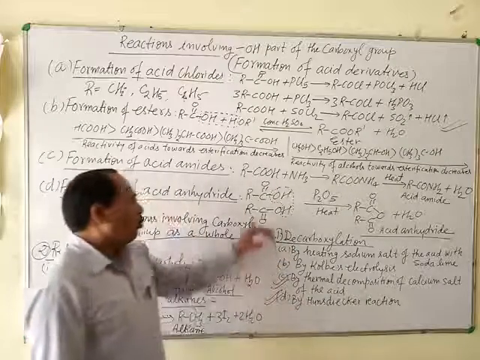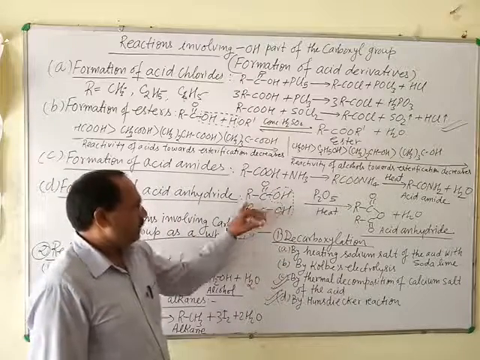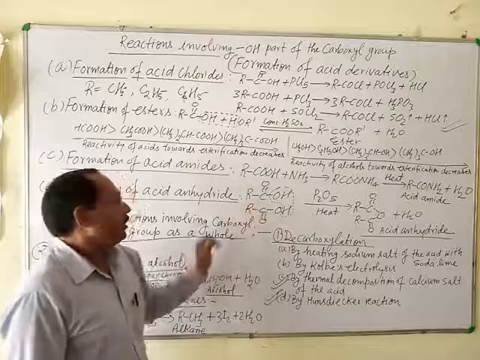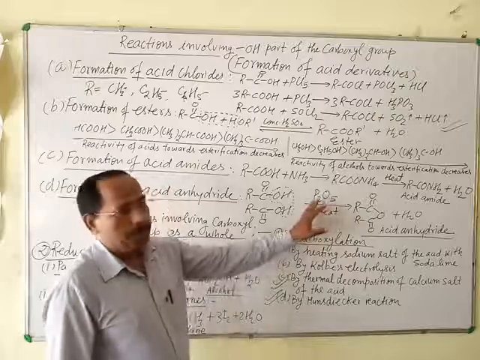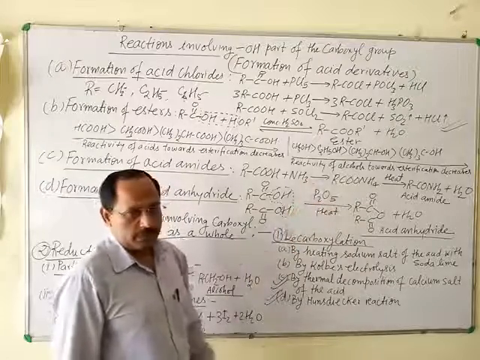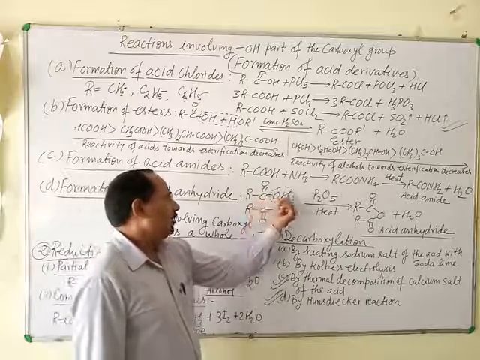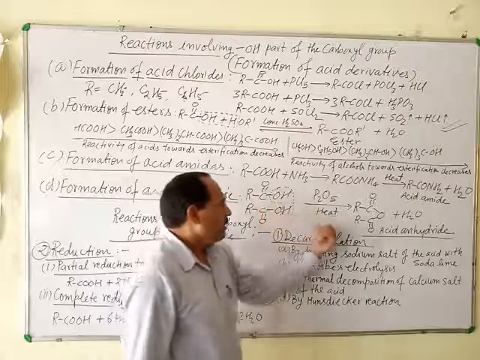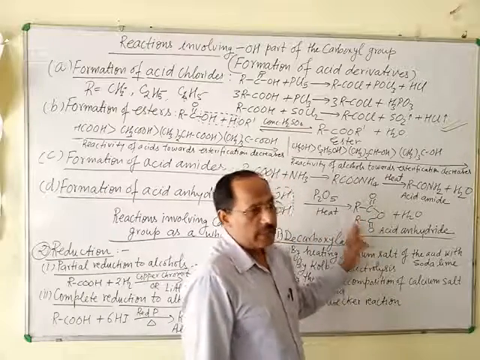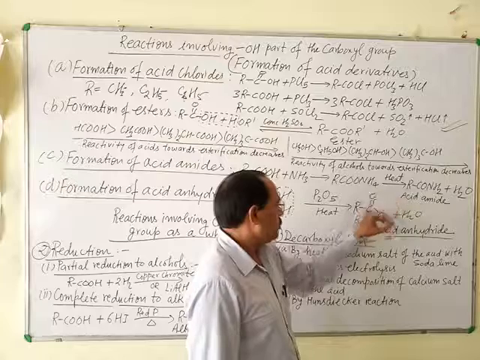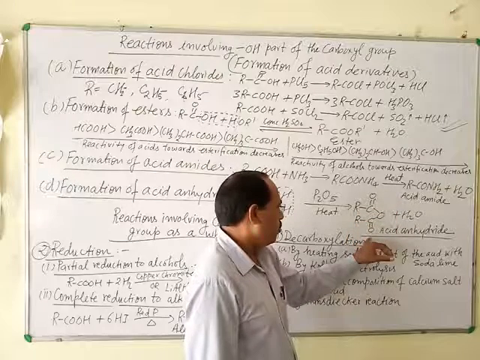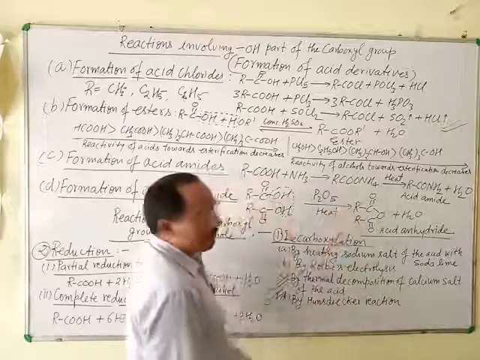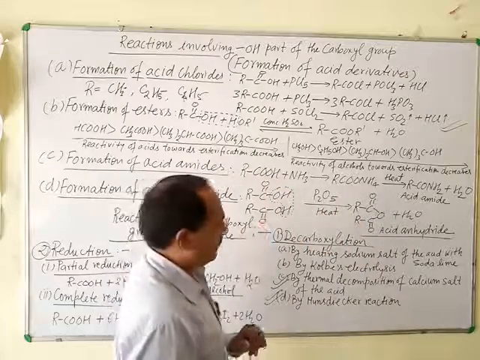For example, when acetic acid, CH3COOH, is heated in presence of P2O5 or concentrated sulfuric acid, then by the loss of one molecule of water from two molecules of acetic acid, it gives acetic anhydride, (CH3CO)2O.